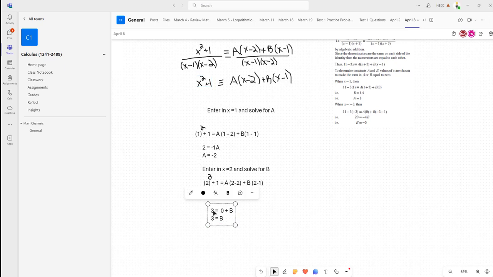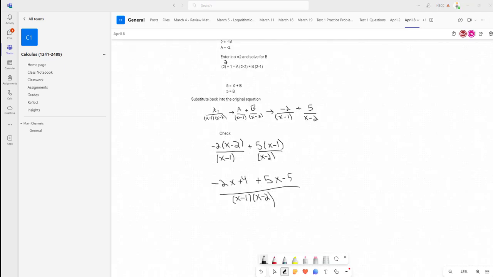Oops, I should have put that as 5 here. 2 squared is 4, plus 1 is 5, equals a, and we have 2 minus 2, so a goes away as 0, plus b, which is 2 minus 1, which is 1. So we have 5 equals 0 plus b, and so b should be equal to 5. So I'll rewrite this equation, and then we can do the integration.